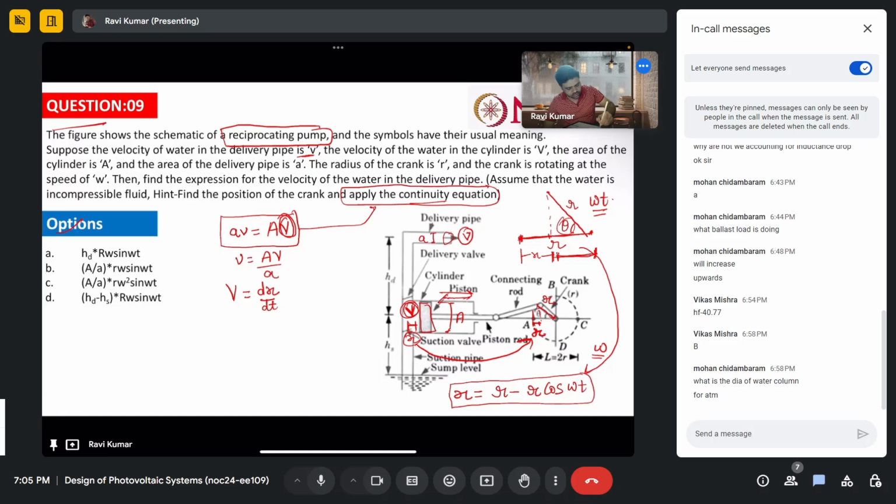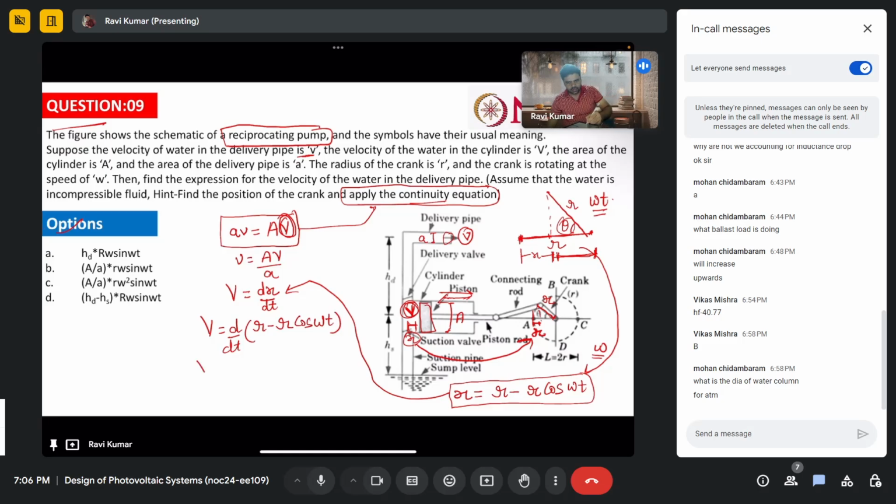And if we put this here, we will get V equals d by dt of R minus R cos omega t. R is constant, so the change in R with time will be 0.